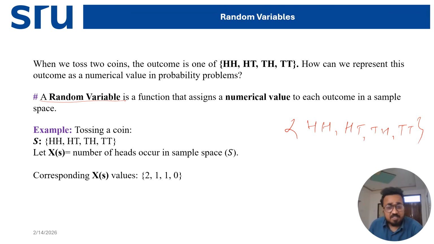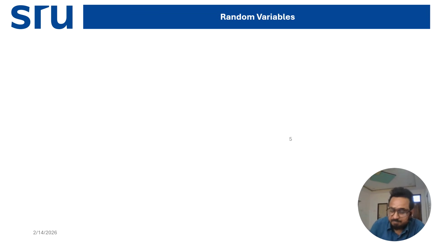A random variable is a function that assigns a numerical value to each outcome in a sample space, right? So let us understand this definition by taking numerical examples.